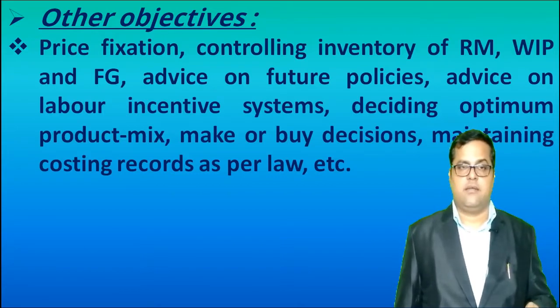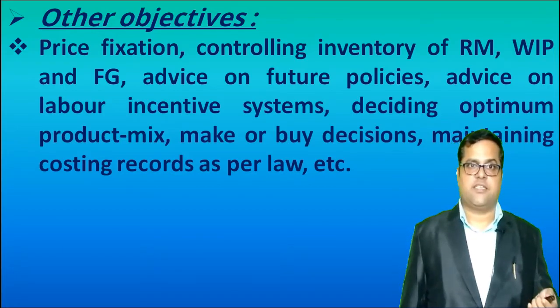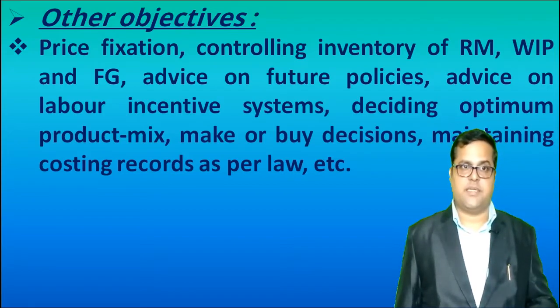Cost data about two products will give us a choice to make. If you have information about two different products, you can make a choice depending upon the cost effectiveness. Next is maintaining cost records as per law. Yes, many a times government asks companies to keep certain books regarding cost records.